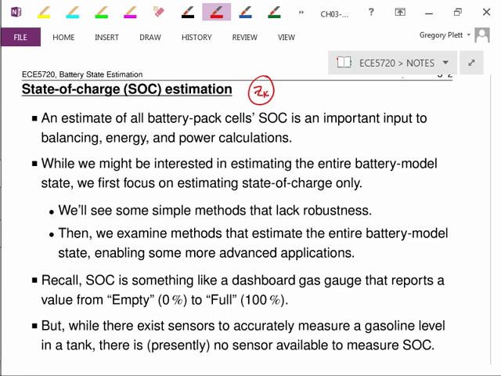But there's actually a fair amount of background material that we have to develop before we can examine these advanced methods. And so we'll take our time. That's why this chapter is one of the longer ones, to step by step lay the foundation to be able to understand the state of charge estimation methods that, to my knowledge, are the ones that work the best at this point in history.